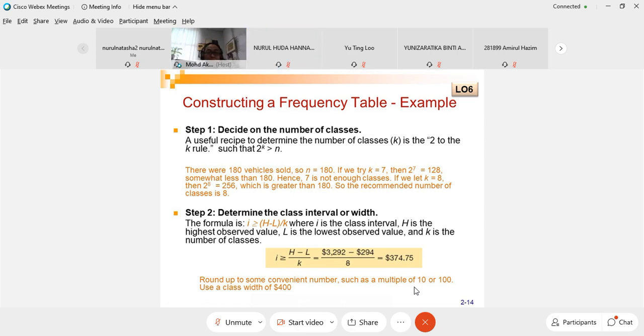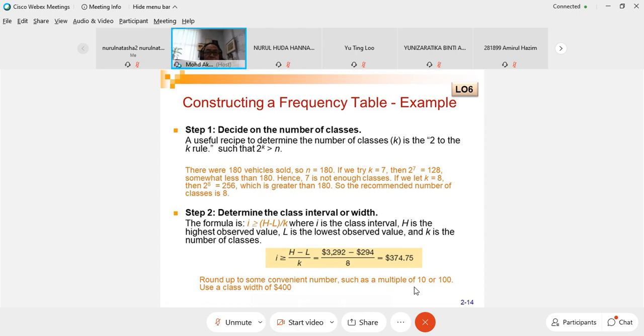Okay, but we see 128 is still lower than 180. So this formula cannot be fulfilled.